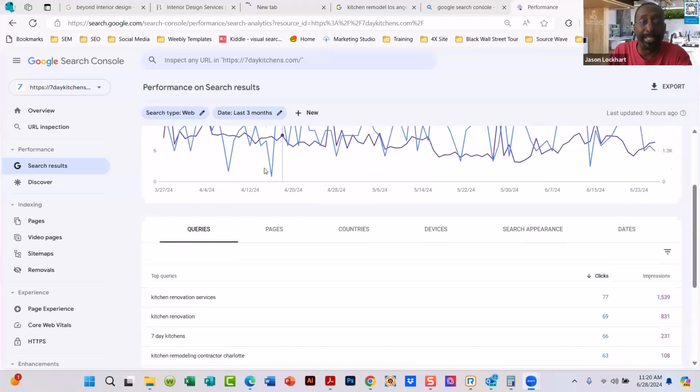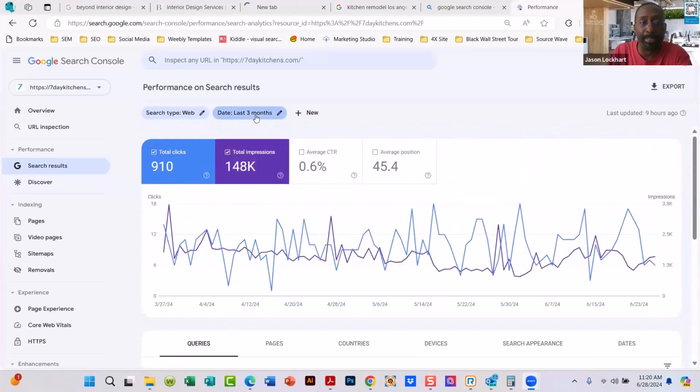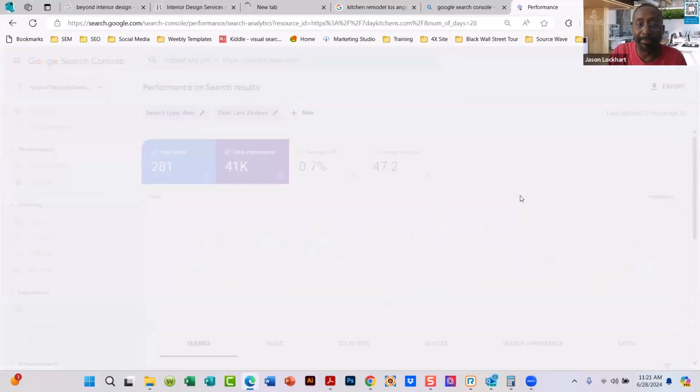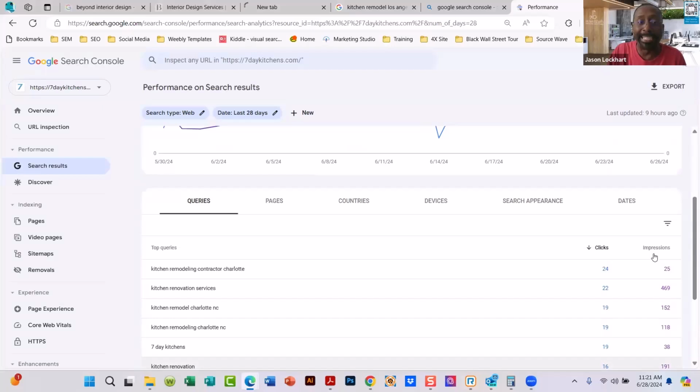And this is within the last 3 months. I can easily change that to within the last month or the last 28 days. And then I can see this keyword, I actually had 25 views on it, and then it caused 24 clicks to the website.